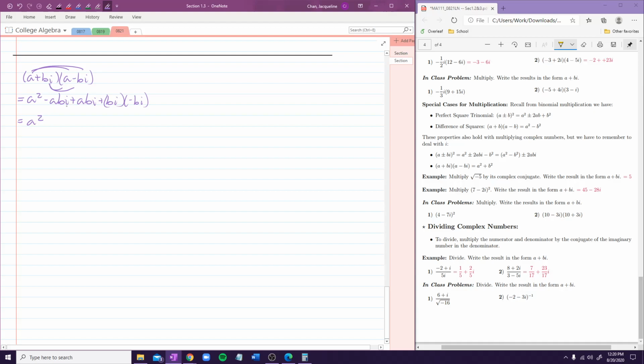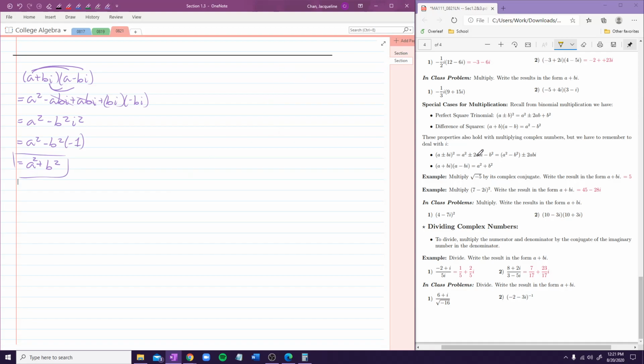Right, so this is a squared. These cancel, right? That's plus 0. And then bi times negative bi. So that's negative b squared times i squared. But what is i squared? i squared is negative 1. Right? So negative b squared times negative 1, that is positive b squared. Right? And that's how we get that.